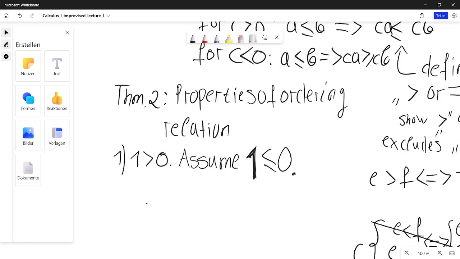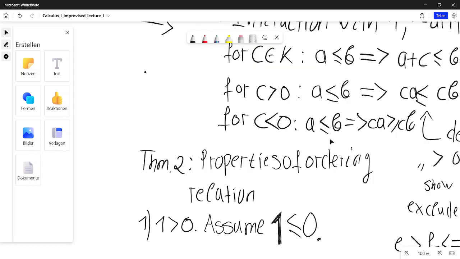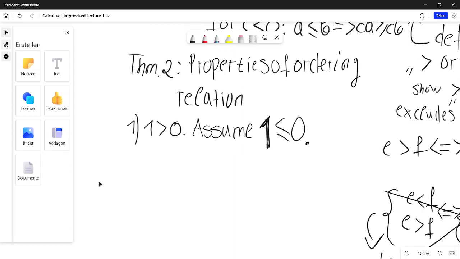Well, somehow we have to use the neutral property, right? Otherwise it would be fine if we didn't have to use it at all. Okay, use the neutral property. What can we do actually?